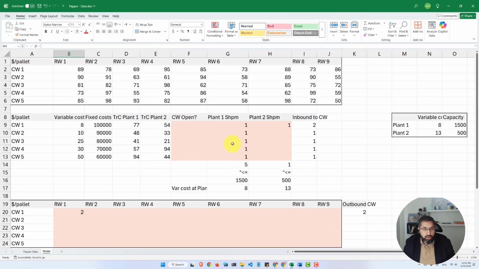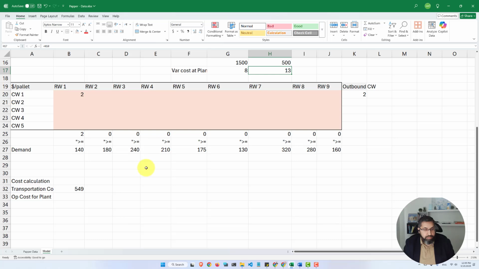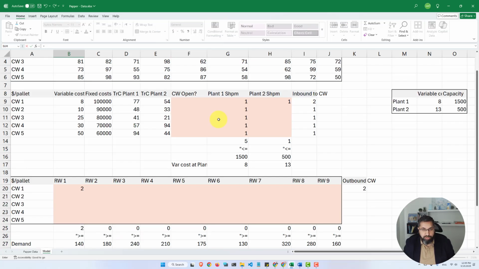And the operating cost for the plants are going to be the variable cost, these sums, the total quantities shipped from these plants times the variable cost. And that's it. There's no fixed cost for the plant. So that is just going to be a sumproduct of just 2 numbers. We can just do it individually to show you what sumproduct actually does.